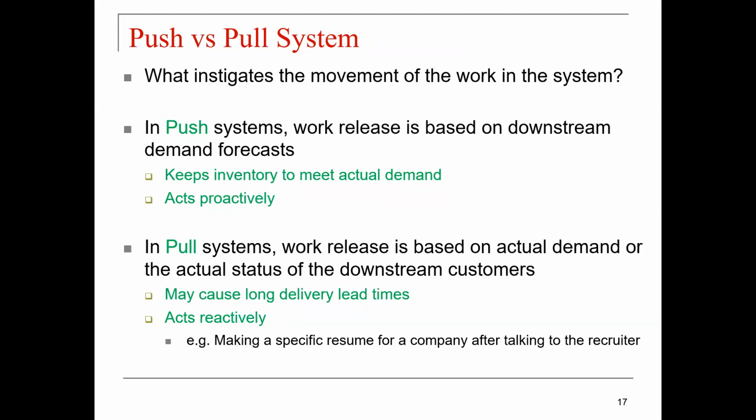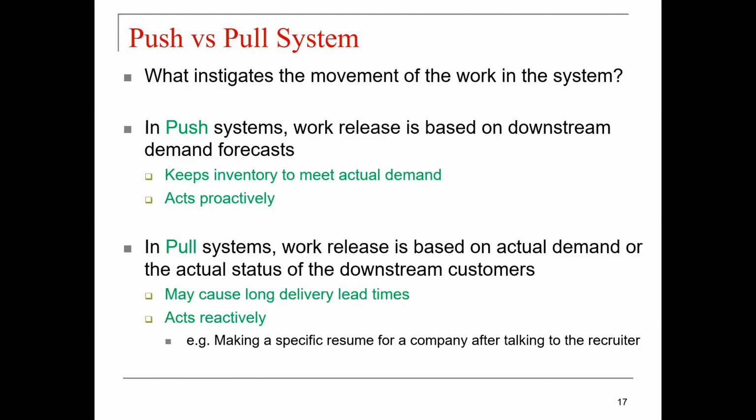So we are forecasting that we are going to have this much product required by the store, and we are going to base our manufacturing production on those forecasts. The push will start pushing as much production as needed to meet those forecasts.